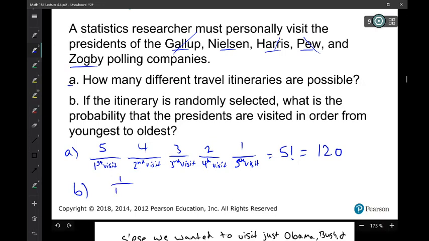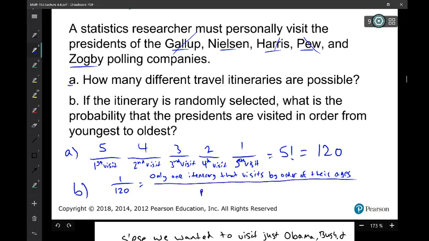So 1 out of 120, because there's only 1 itinerary that visits by order of their ages. And you divide that by possible itineraries.